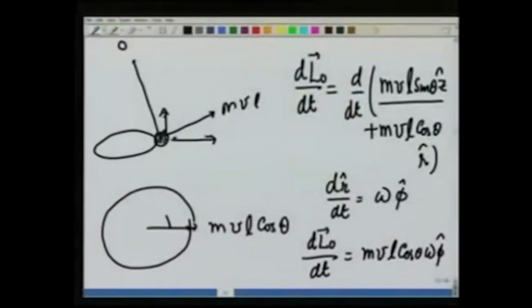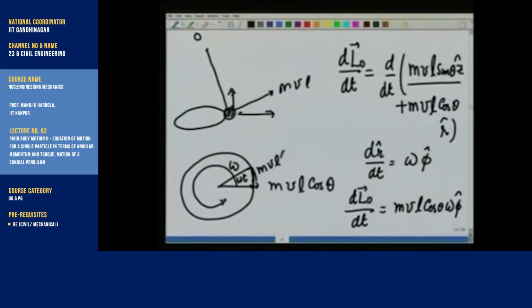You could have also checked this, because this vector is rotating in this direction with angular frequency omega, therefore, the change has to be m v L cosine theta times omega. When it moves here in omega times t time, this change is roughly m v L cosine theta omega t. You divide by time and you get this answer.